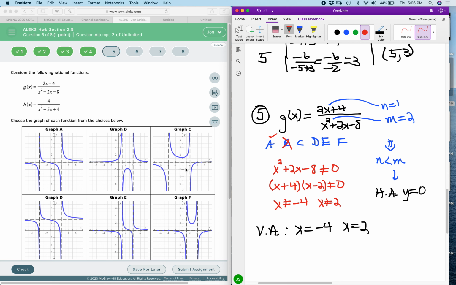C is still in the running. For D, we had the same vertical asymptotes, but we don't have the horizontal asymptote at y equals 0. E doesn't have the perfect match in terms of all three asymptotes, and F also misses the mark. So the possibilities come down to A or C.